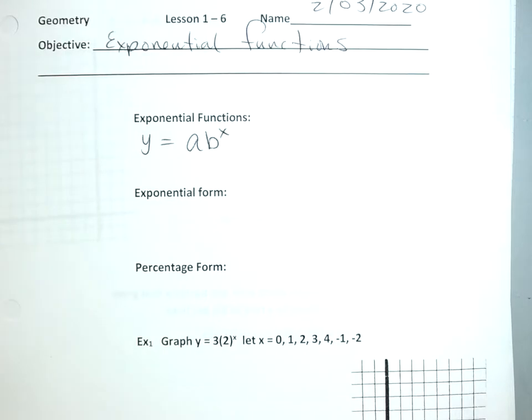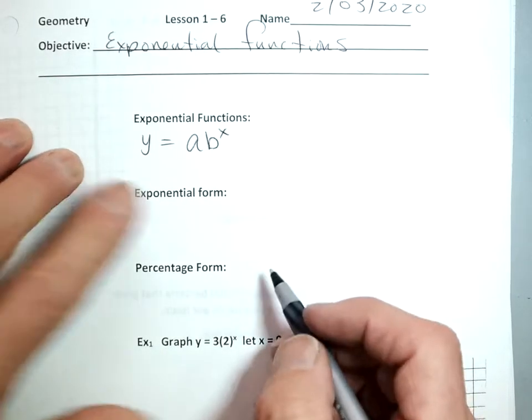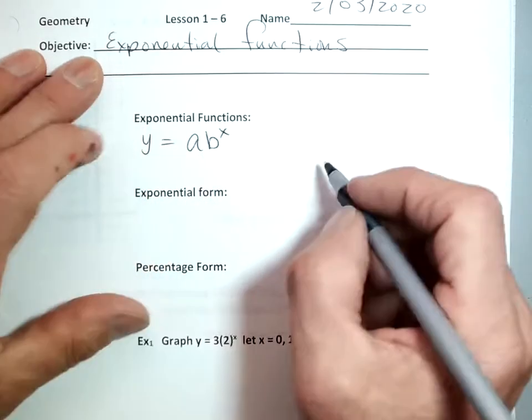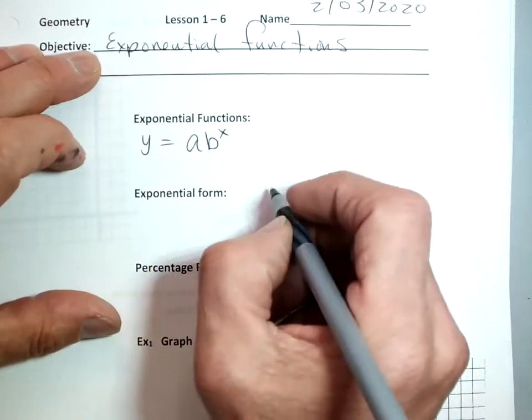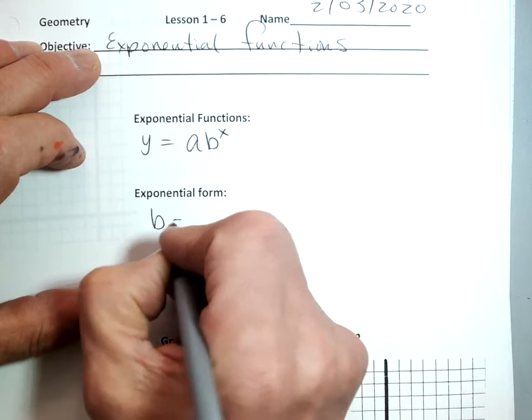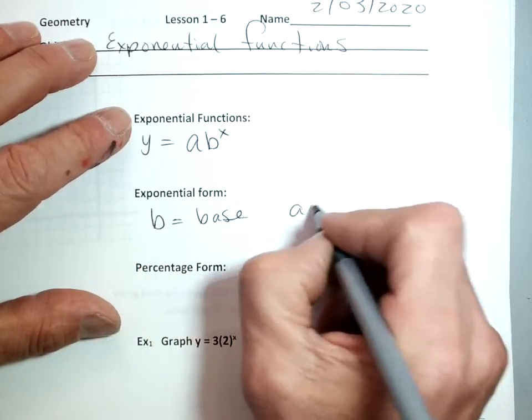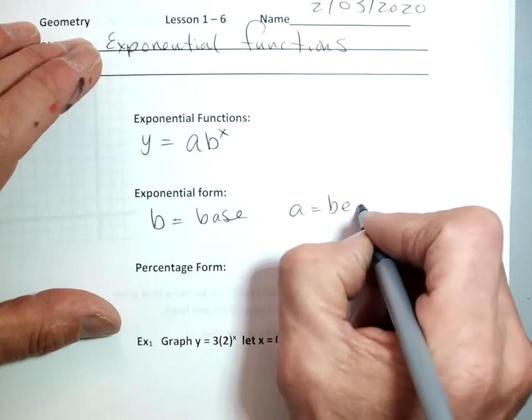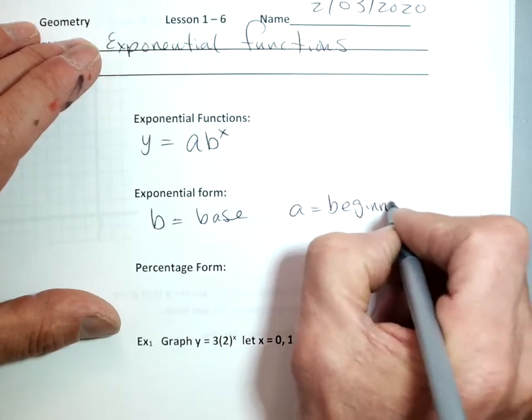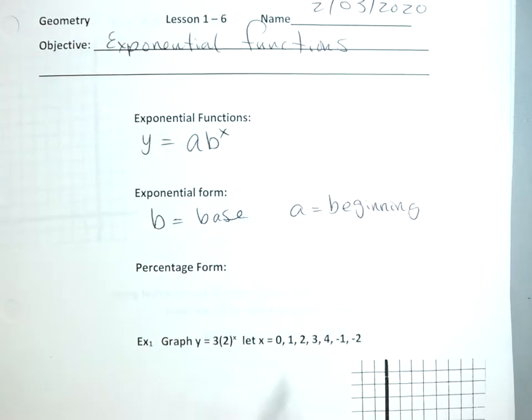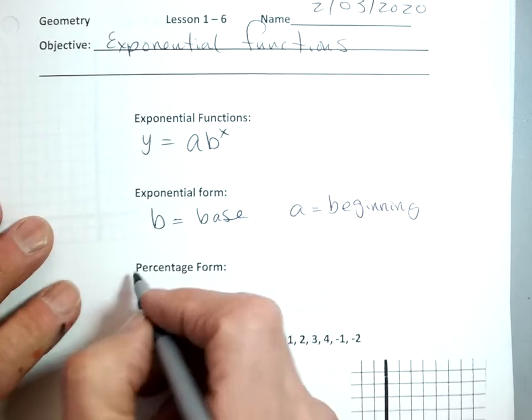There's two ways we want to write this, okay? ab to the x, where b is the base, and a is the initial amount, or beginning, okay? And that's exponential form, but I like it this way better.